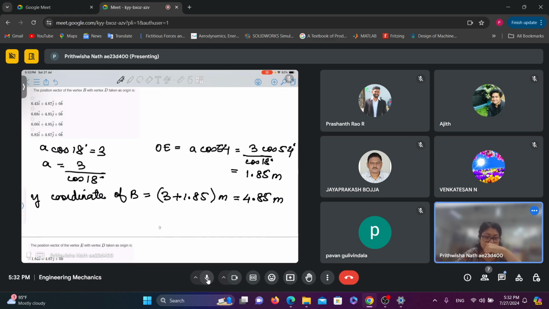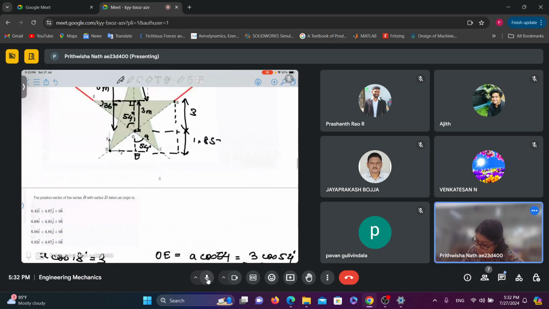Is there any doubts? Okay. So, to calculate the x coordinate, I need to find out this distance.